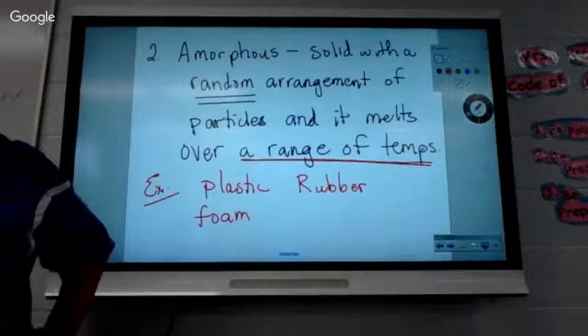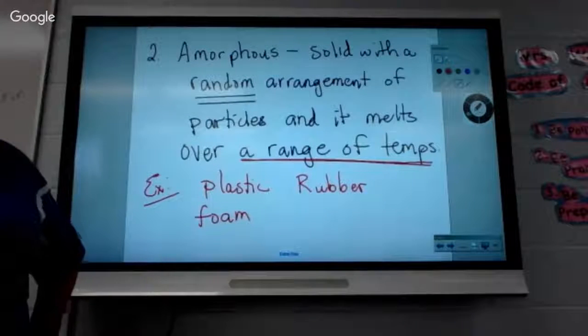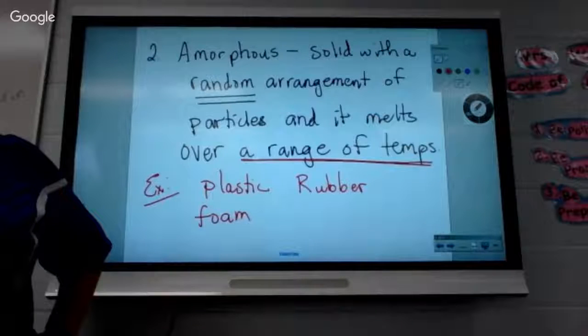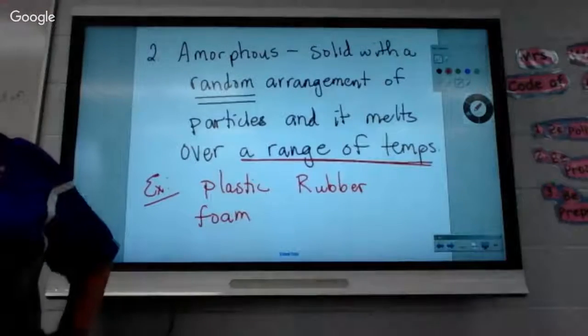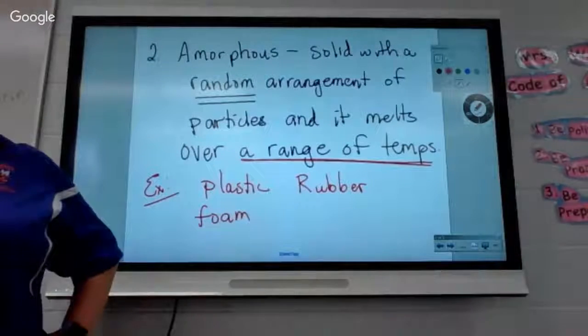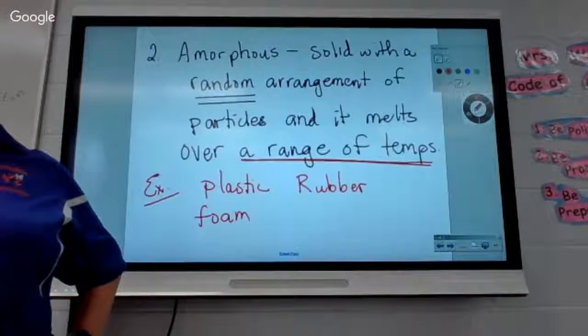A marshmallow. Marshmallow may fit in amorphous, yes. But given a marshmallow has more sugar than anything else, I'm going to lean towards crystalline with that one too, because the marshmallow is largely sugar.